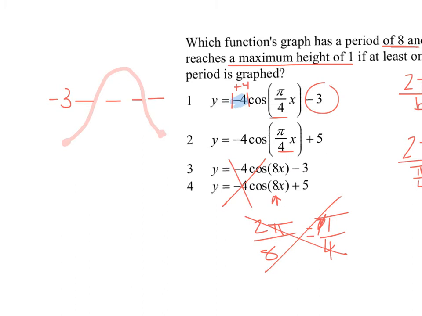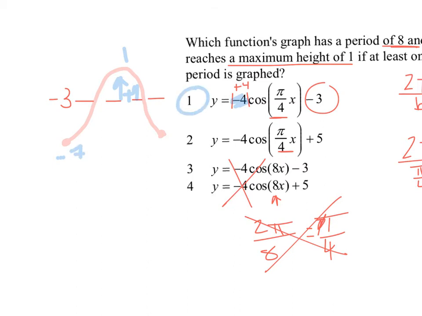Now I'm going to try to figure out how high and how low these values are. So when I add 4 to -3, I'm going to get 1, and when I subtract 4 from -3, I get -7.